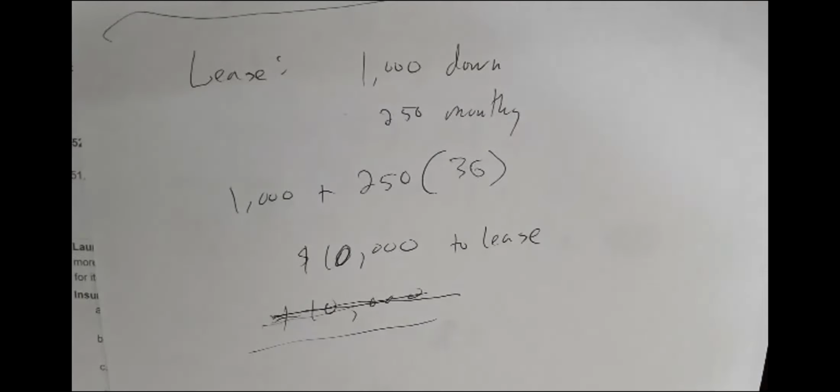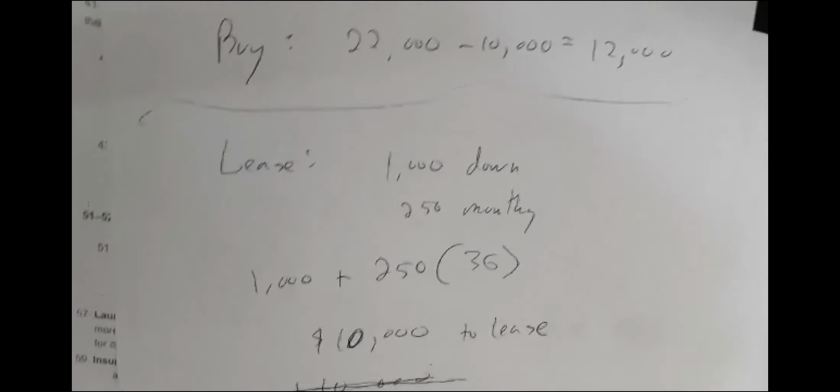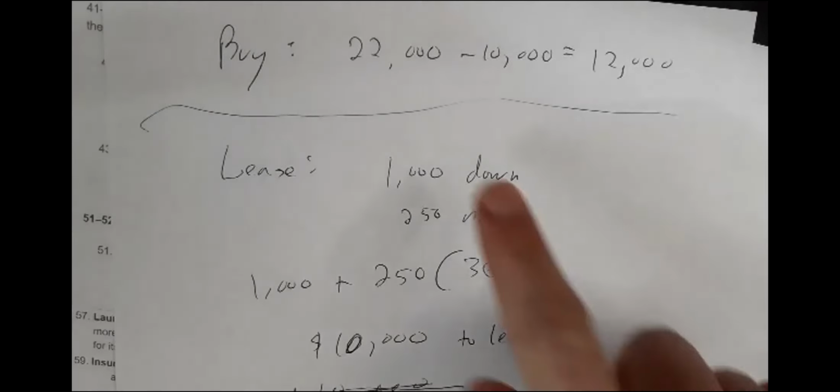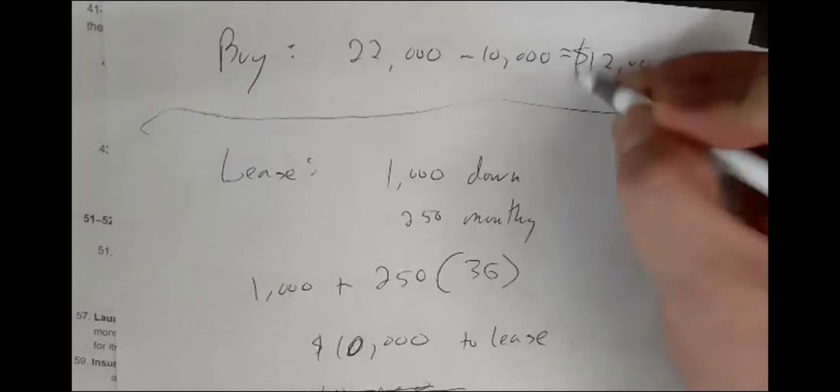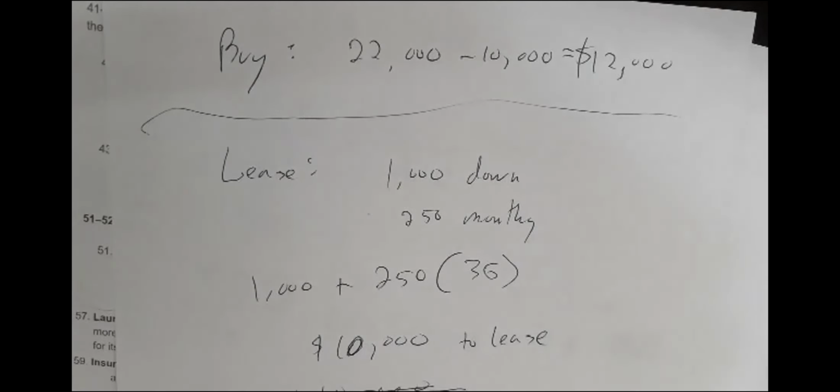And at the end of your lease, you don't have property of the car anymore. That's what they're trying to compare in this problem. It's a little bit oddly worded. The two amounts they want you to compare are the 12,000 versus the 10,000. So this is like we buy it and sell it. This is like we just lease it and we don't buy it.